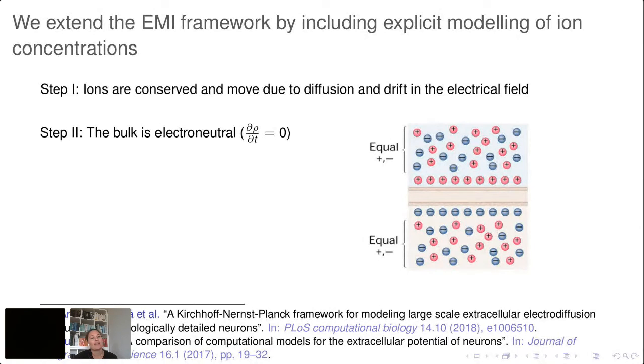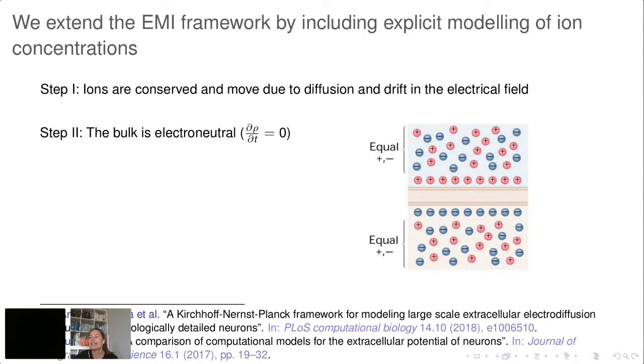And by assuming electroneutrality, we don't really resolve these charge relaxation processes at the nanoscale, but rather assume that the charge density has reached a quasi-steady state where the derivative of the charge density with respect to time equals 0. And this condition has been shown to be a good approximation on spatio-temporal scales larger than micrometers and microseconds.